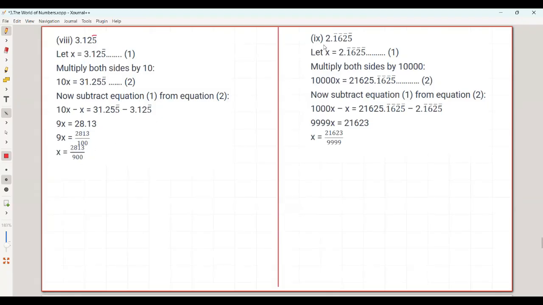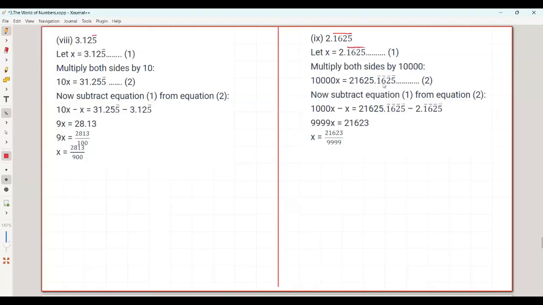The last question, the 9th one, 2.162. So here 4 digits are repeating. So we have to multiply by 4 zeros, that is 10,000. Multiply on both the sides. Make sure that after the decimal point, we should have an equal number of decimal places.